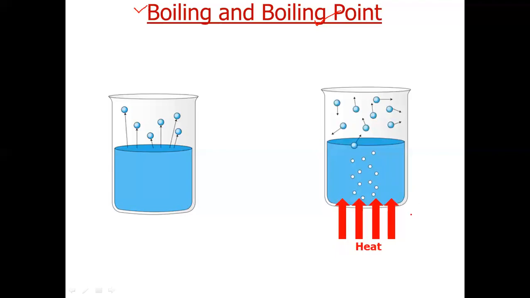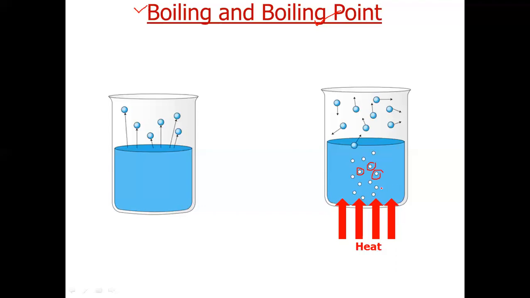When we keep on heating the beaker, a stage will come when evaporation will not only take place at the surface, but the molecules in the bulk will also start vaporizing, which is indicated by the formation of bubbles in the liquid. This state is called boiling of the liquid.